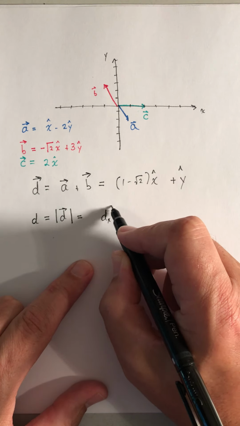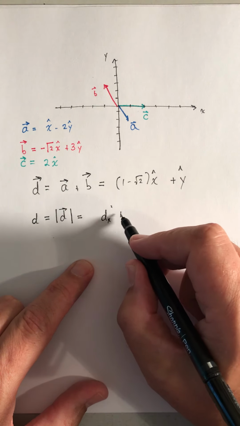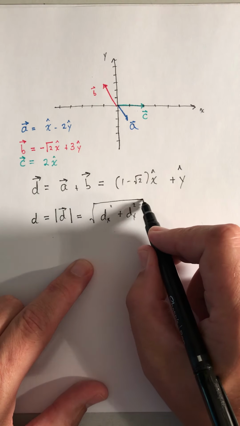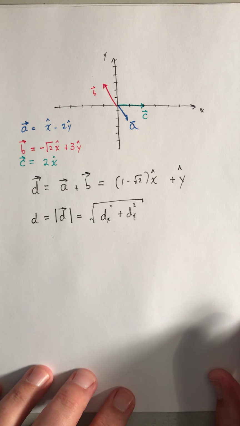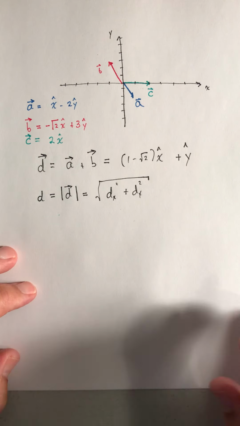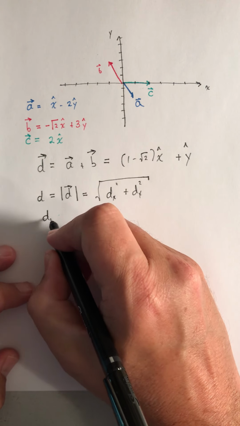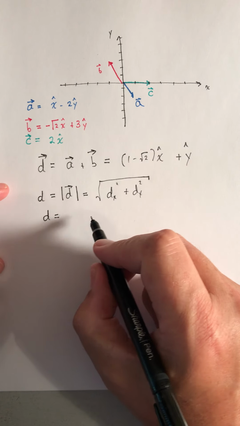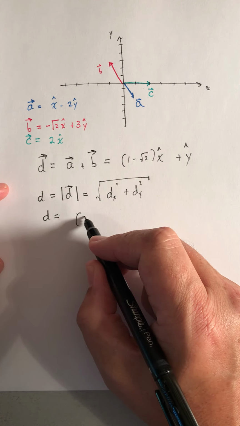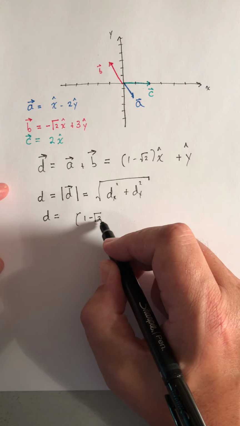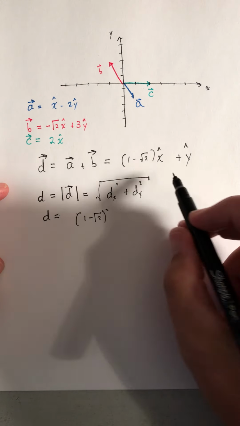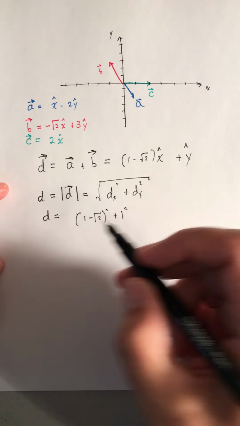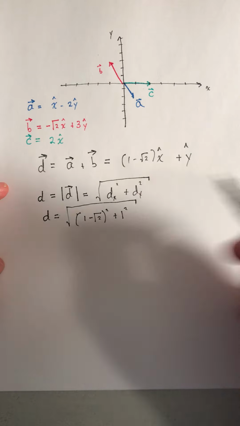I take the x component of D squared plus the y component of D squared, and take the square root. So the x component is (1 minus root 2) quantity squared, the y component is just 1 squared, and I need to take the square root.